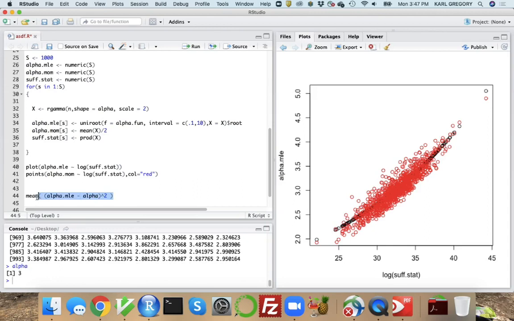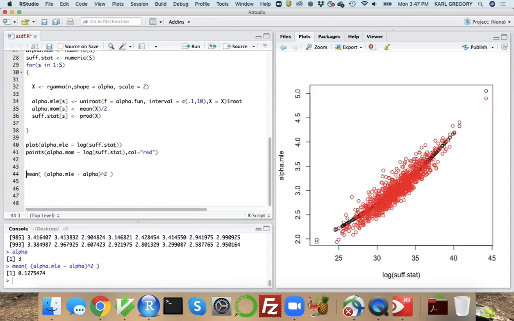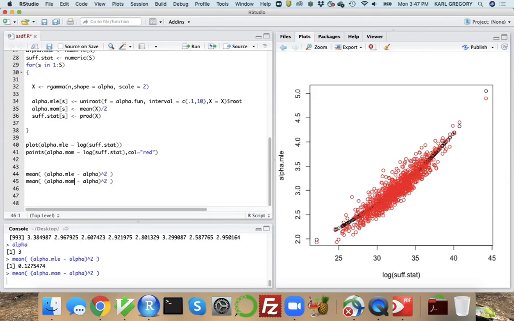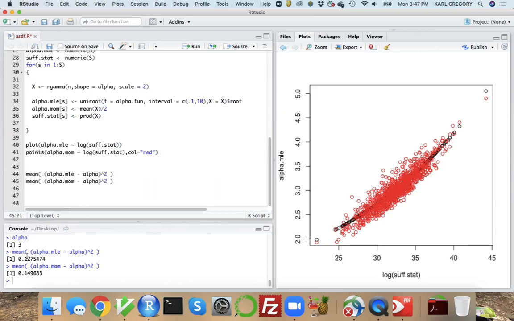So I can compute the mean squared error according to my simulation by doing this. So I get that number. And if I compare it to that of the method of moments estimator, I see the maximum likelihood estimator was on average closer to the target value than the method of moments estimator. So that's an argument in favor of the maximum likelihood estimator.